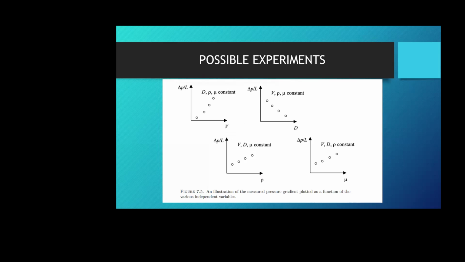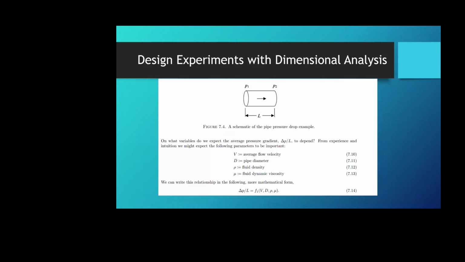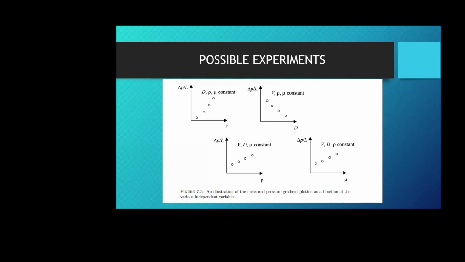This first experiment, what is it telling me? Delta P divided by L and V, keeping constant D, rho, and mu. So it means D, rho, and mu are constant, and V is changing. So I am fixing all the variables, and I am just focusing on how this expression changes with respect to V.